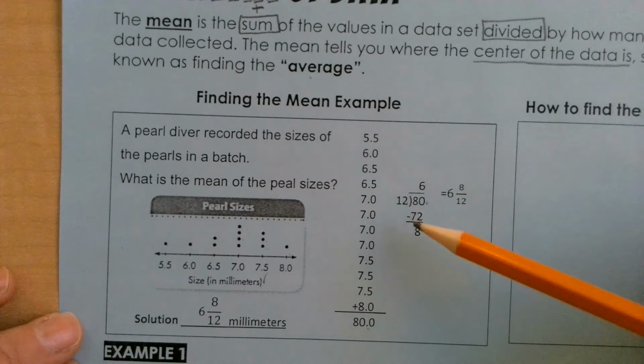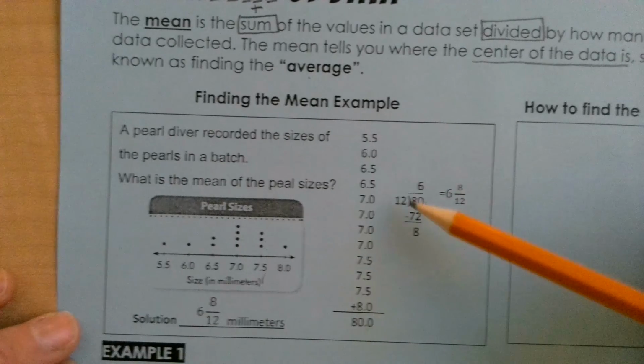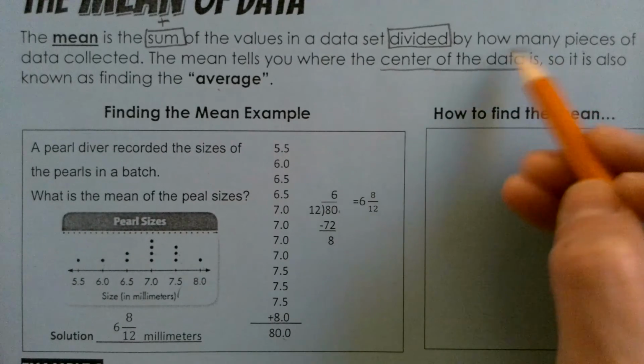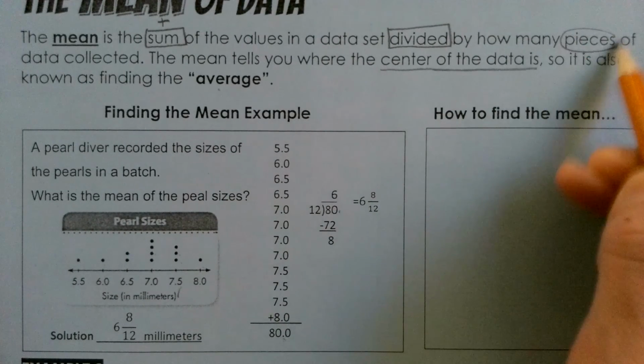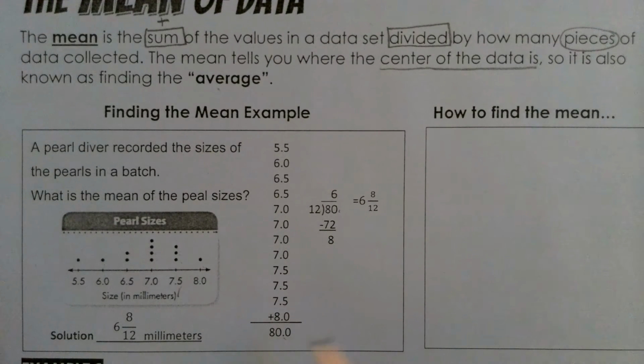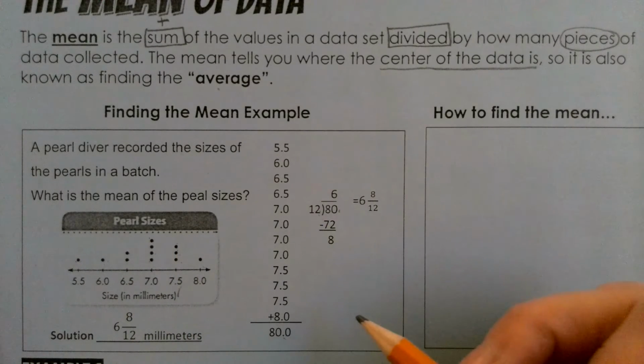Now, why did the 80 get divided by 12? Remember that we're dividing by how many pieces of data there is in the entire data. So in this case, if we count each plot, 1, 2, 3, 4, 5, 6, 7, 8, 9, 10, 11, 12, there's 12 pieces of data. So they divided by 12.